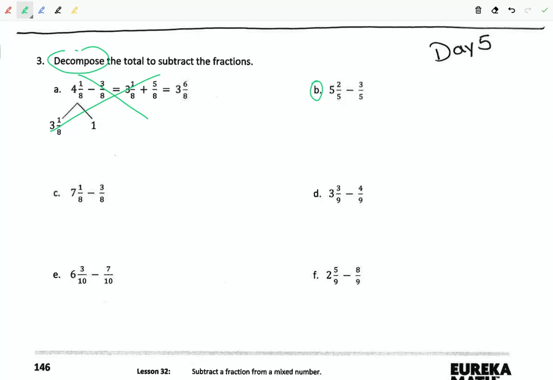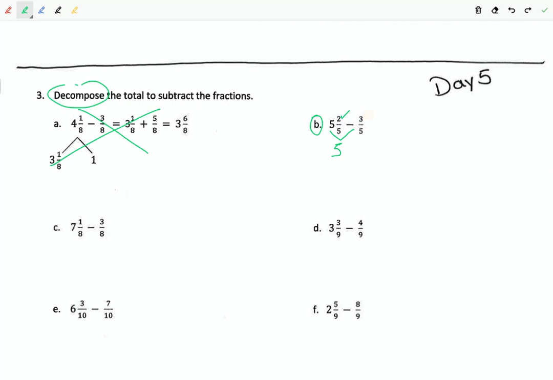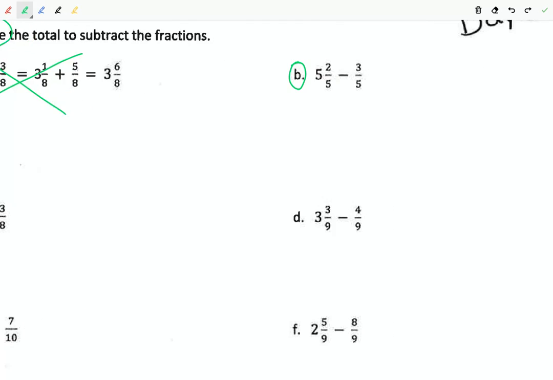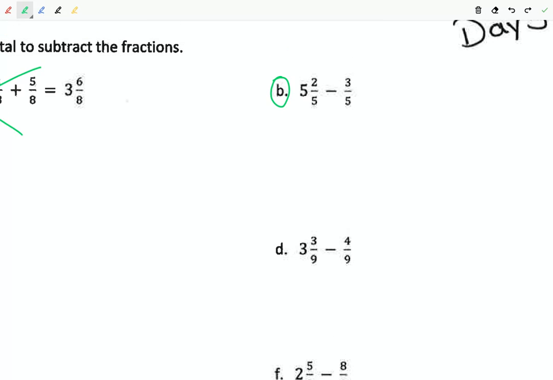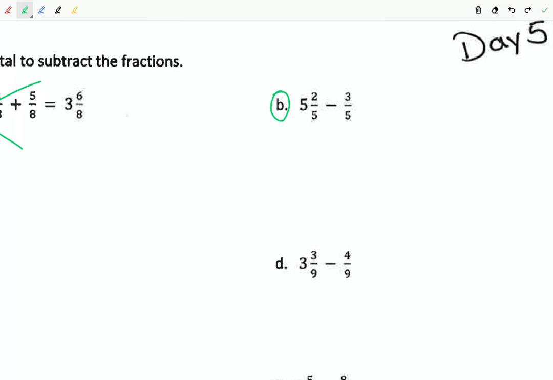Again, I can subtract 5 minus 0. That would only be 5. But then what about 2 minus 3? I can't do that because 2 is smaller than 3. So because of that, as we were saying yesterday, we need to decompose. And I am going to do that with a number bond, because that's how we learned in class.